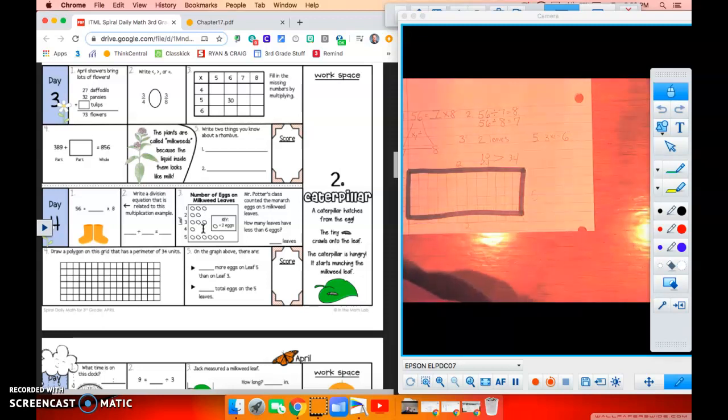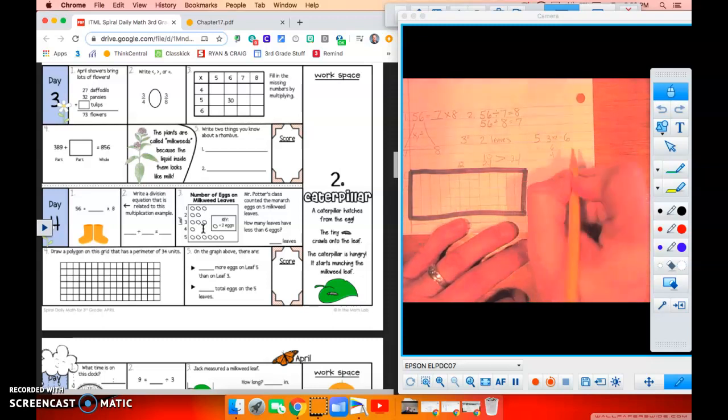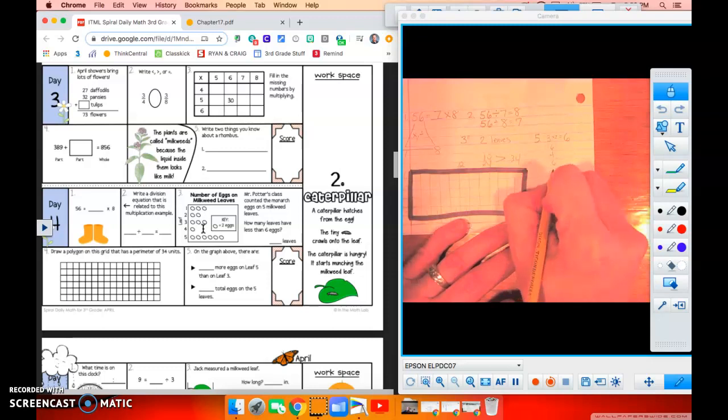How many total eggs on the 5 leaves? So leaf 1 has 6. Leaf 2 has 4. Leaf 3 has 6. Leaf 4 has 2. And leaf 5 has 12. Okay, so 6 plus 6 is 12, and 12 is 24.